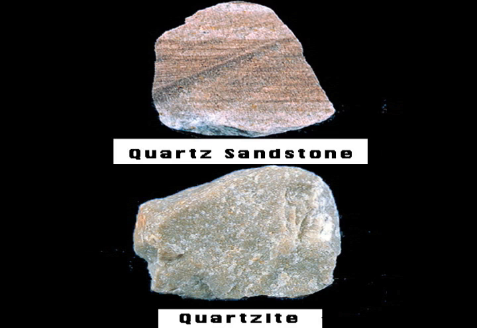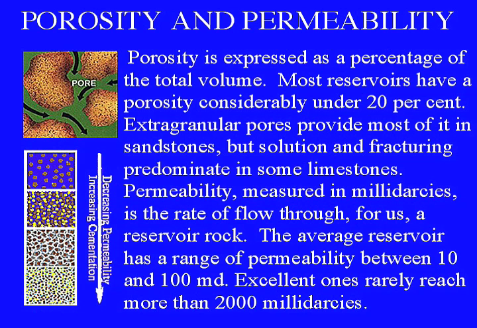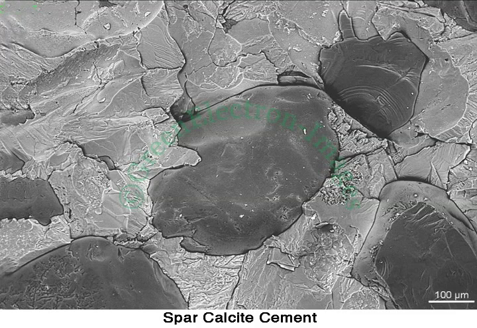The intergranular space of other sandstones or siltstones may be partly or completely filled by spar calcite or any other form of calcite, by dolomite, siderite, gypsum, anhydrite, hematite, limonite, barite, celestite, or any other water-soluble mineral.